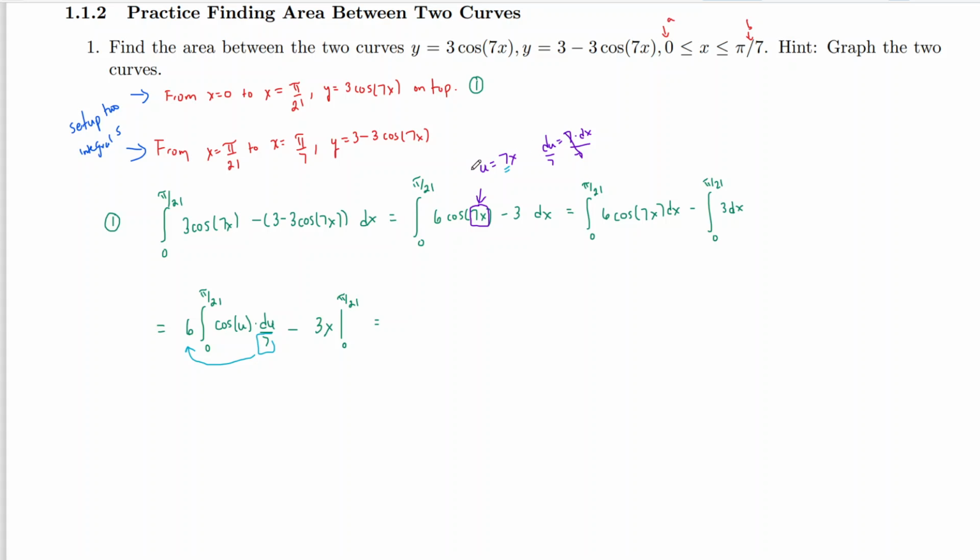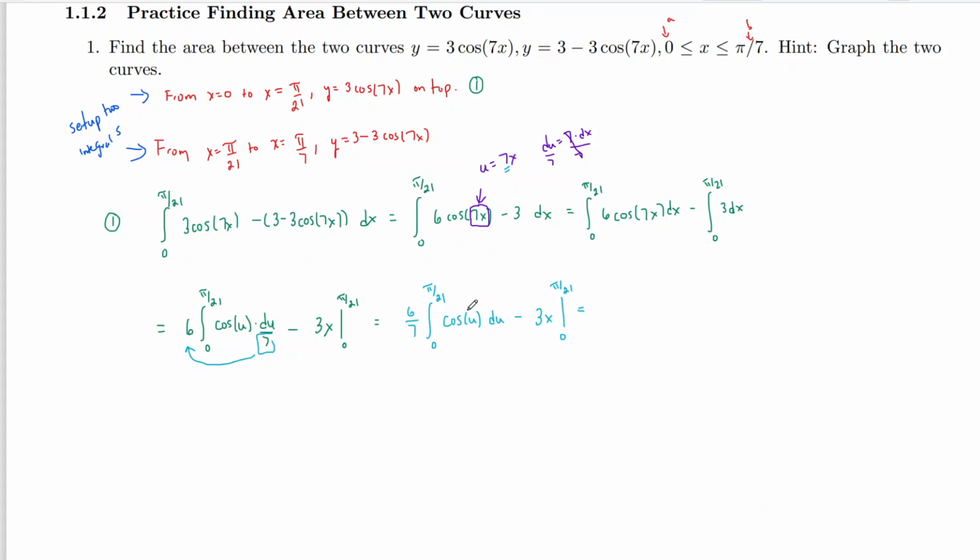And if you had u equals 4x, then you would divide by 4. So that's going to be a common theme when it's just a number times x, and it's very helpful. We got 6 over 7, the integral from 0 to pi over 21 of cosine of u du. And we have a formula for this, so we can use this, minus 3x from 0 to pi over 21.